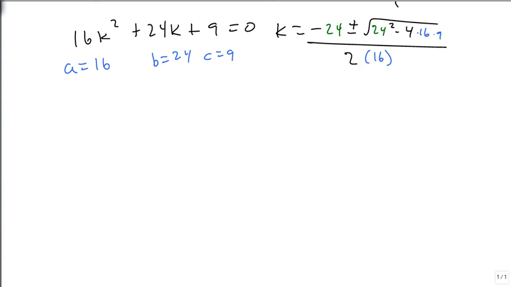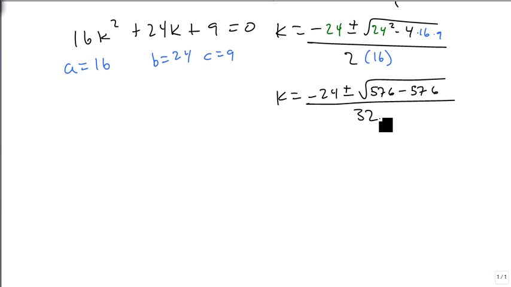So, evaluating this, k equals minus 24 plus or minus the square root of 24 squared, which is 576, minus 4 times 9, 16 times 9, which also happens to be 576. That's not a coincidence, but you'll want to make sure that's the case for yourself. So k then is minus 24 plus or minus the square root of 0, which we can ignore completely because it's a 0.